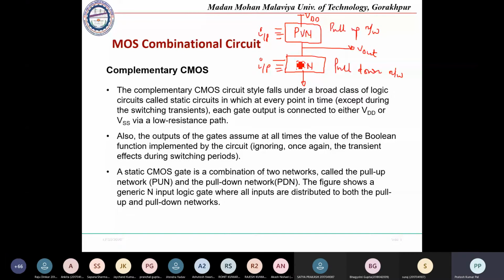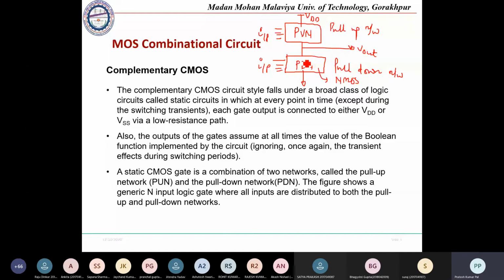So this is called the pull-up network, and this is the pull-down network. It is called the pull-down network because pull-down networks are always implemented by using NMOS. Once this pull-down network is on, the output is connected to ground. So the output will go to ground, or go downside. That's why these are called the networks that bring your output voltage down, and that's why it is called a pull down network.